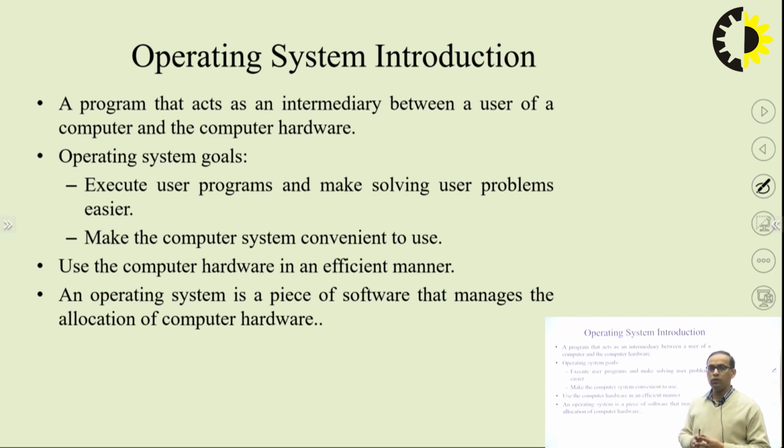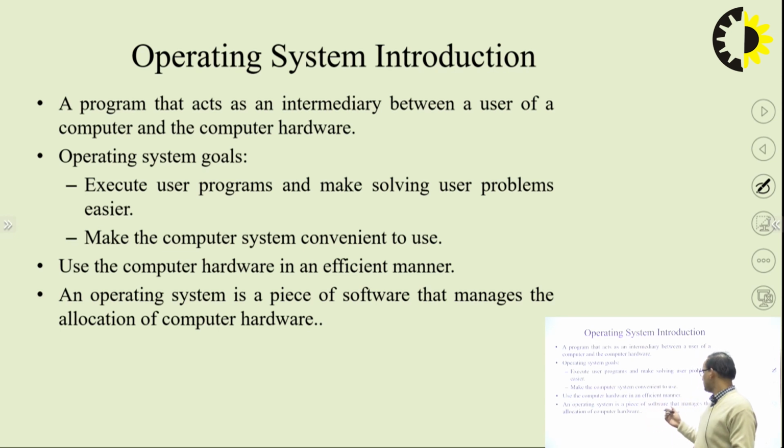Ultimately, the goal of operating system is to execute the user program. It means providing the different types of resources which are necessary in order to execute a program. These resources may be memory resources, processor resources, and different types of input and output resources. And operating system is a piece of software that manages the allocation of computer hardware, like memory and input output devices, which are required for the execution of a particular process.